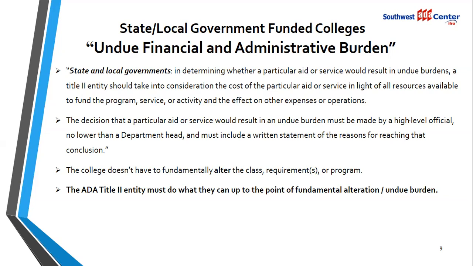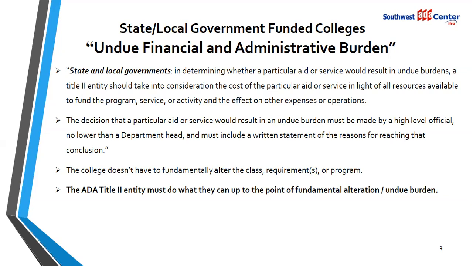So in other words, a court is not going to look at, let's say, the Department of Psychology's budget. They're going to look at the total university's budget in terms of the claim of an undue financial and administrative burden. The decision that a particular aid or service would result in an undue burden must be made by a high-level official, no lower than a department head, and must include a written statement of the reasons for reaching that conclusion.